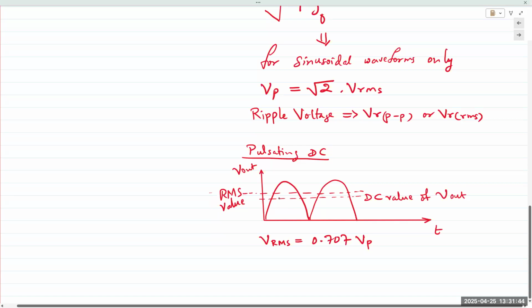The DC value is determined simply by averaging out the entire waveform. So we integrate the waveform from 0 to T, and that gives us the DC value.